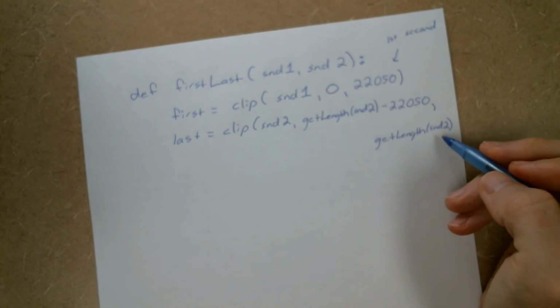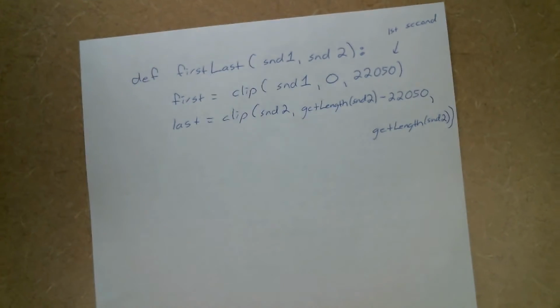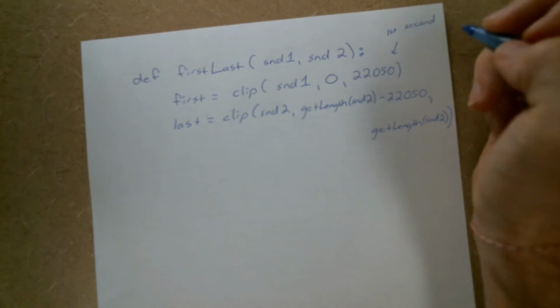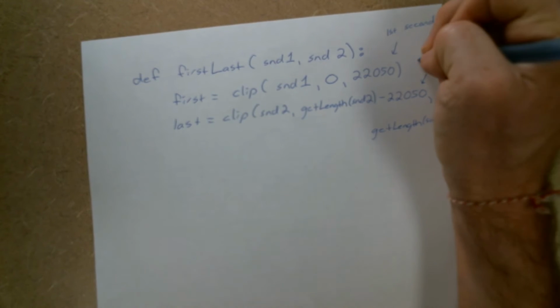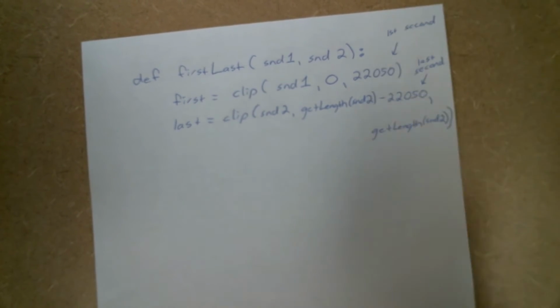Closing the parenthesis on my get length, and then on the clip function, this effectively gives me the last second.